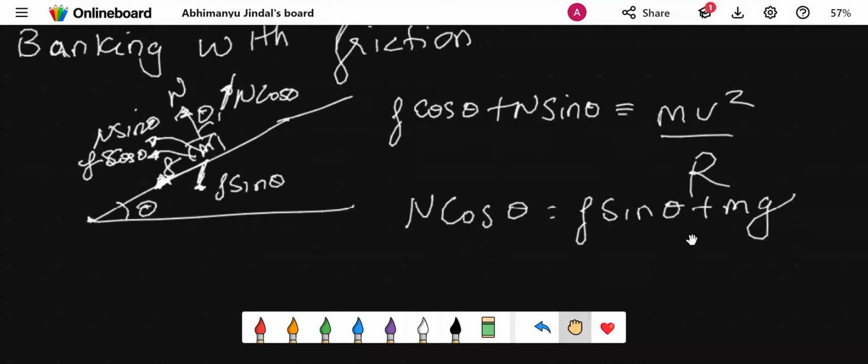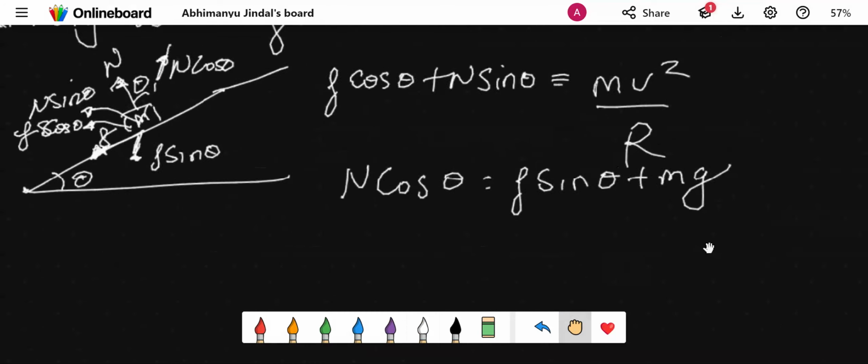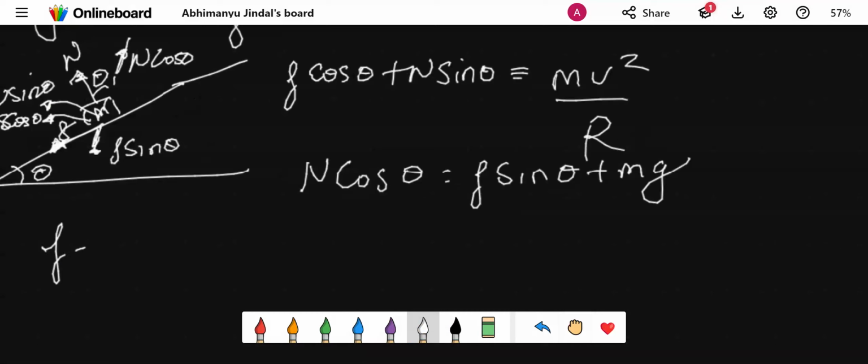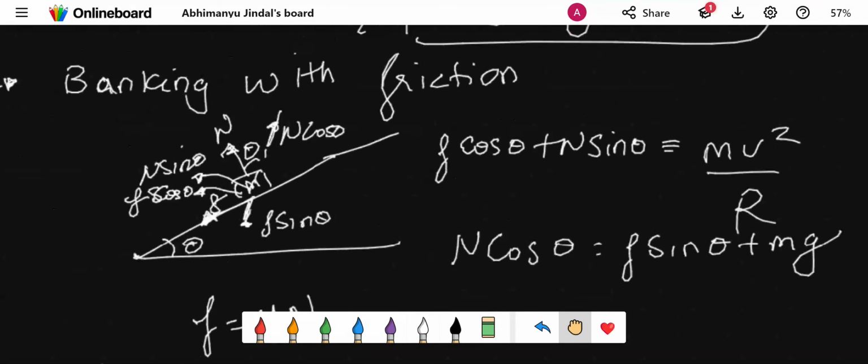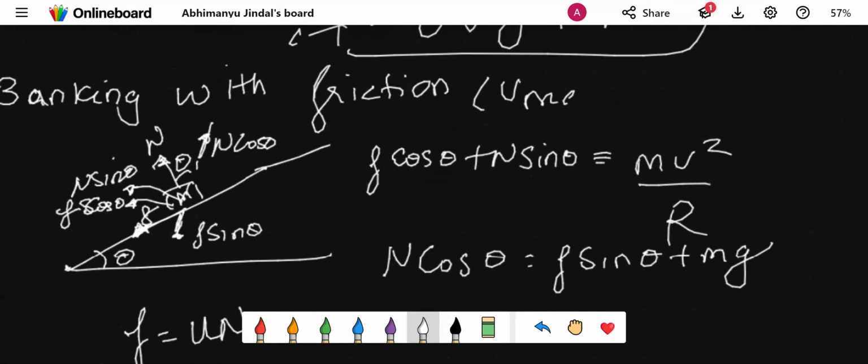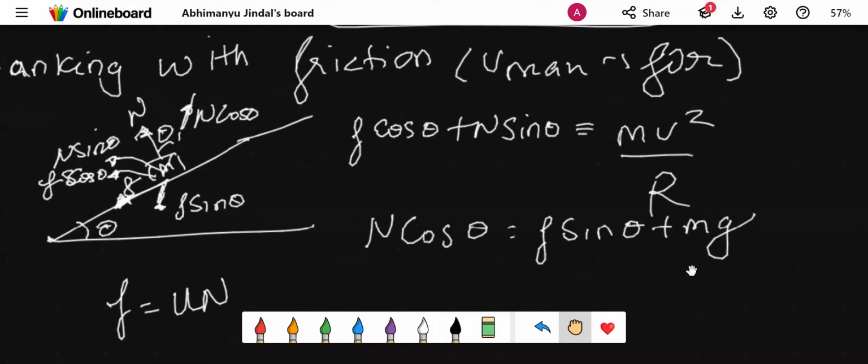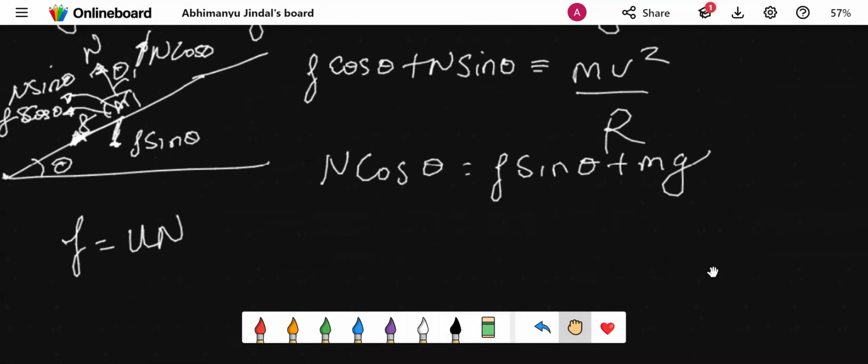Okay, I hope it's clear. Now let us solve it. You guys know that friction equals mu times n. Now my goal is to find the max velocity, the maximum velocity for this circular motion to happen.